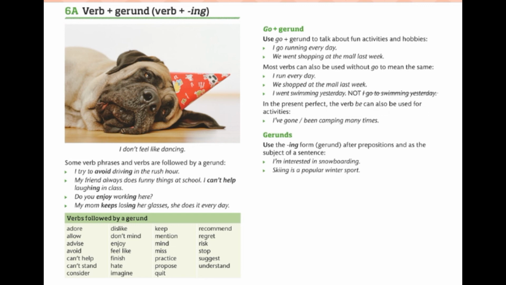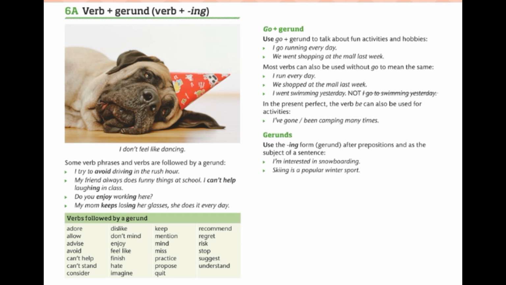We went shopping, sorry. So you can say we went shopping or we shopped at the mall last week. Alright? You can say, I went swimming or I swam. Past tense of swim, I swam, right? Yesterday.